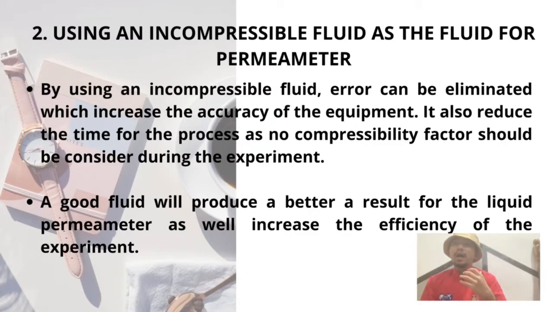Inaccurate consideration of fluid compressibility might affect the result, but with the use of an incompressible fluid, we might reduce the error that will be produced. A good fluid will produce a good result, as well as increase the accuracy and efficiency of the equipment.